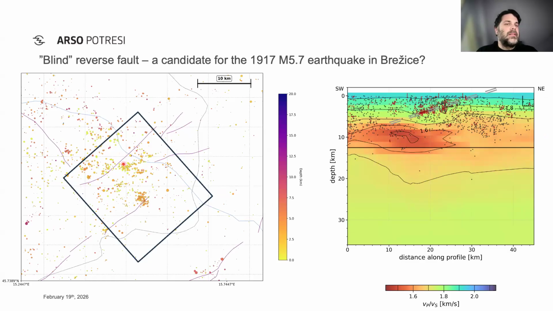Another example is here in southeast Slovenia that I mentioned. So we have these active faults on the map, and the seismicity is not related to any of those faults. And if we look at cross-section in this direction, we see that these earthquakes are on a line. Even the focal solution of this sequence here tells exactly the same story.